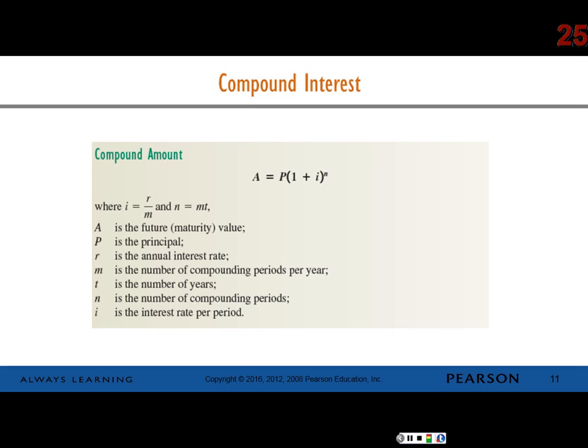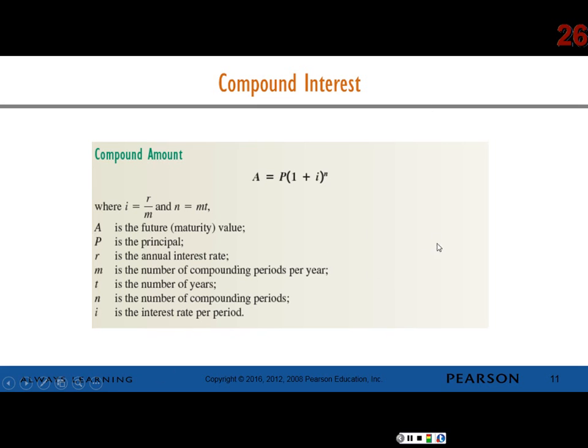It could be compounded at the end of a month. It could be compounded at the end of every 6 months. It could be compounded at the end of every 3 months. And this is the way actual loans do work. Most loans are not done with simple interest. Most of them are done with compound interest.